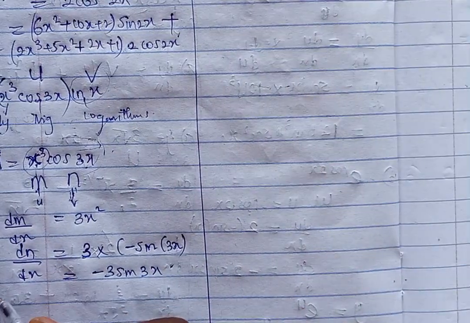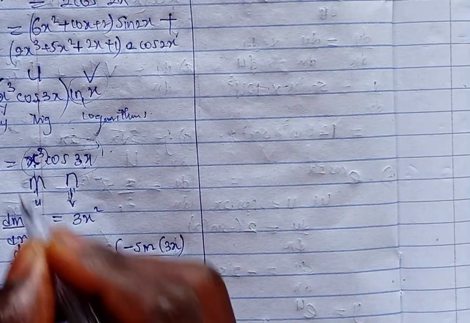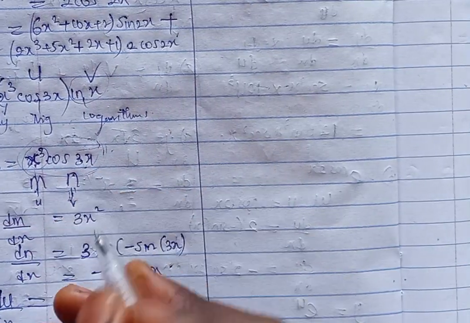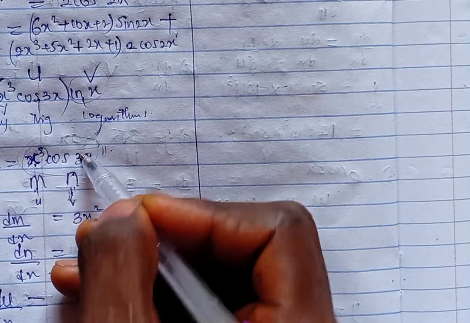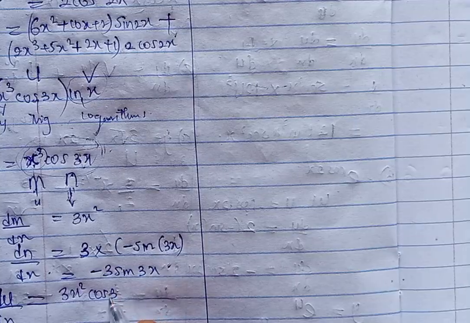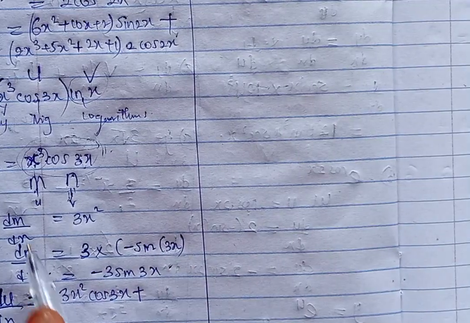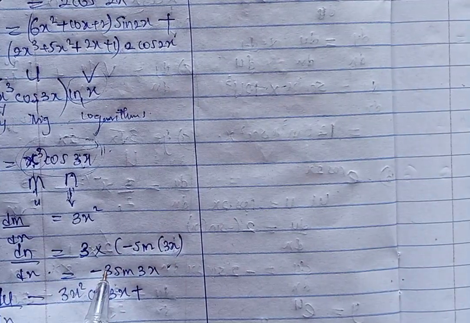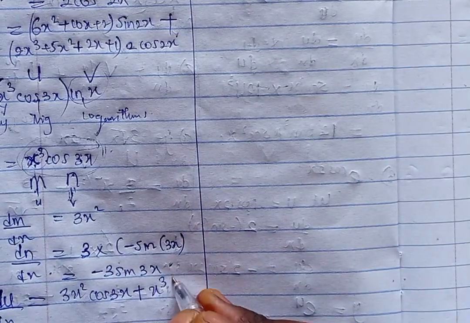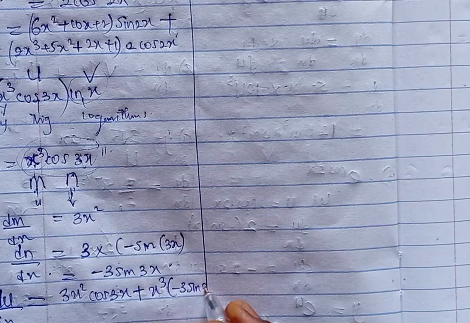Okay, now du with respect to dx will be phi du dx, which is 3x squared cos 3x, plus u d phi dx, which is x cubed times minus 3 sine 3x.